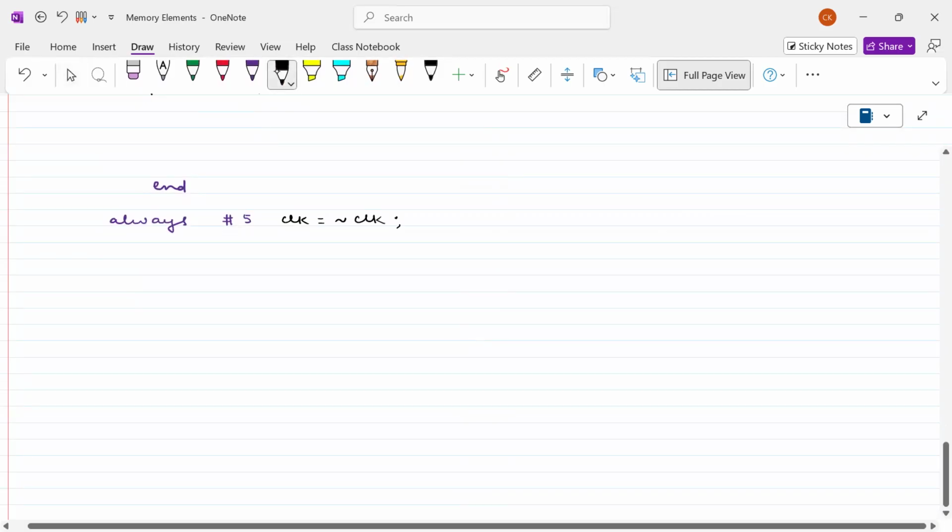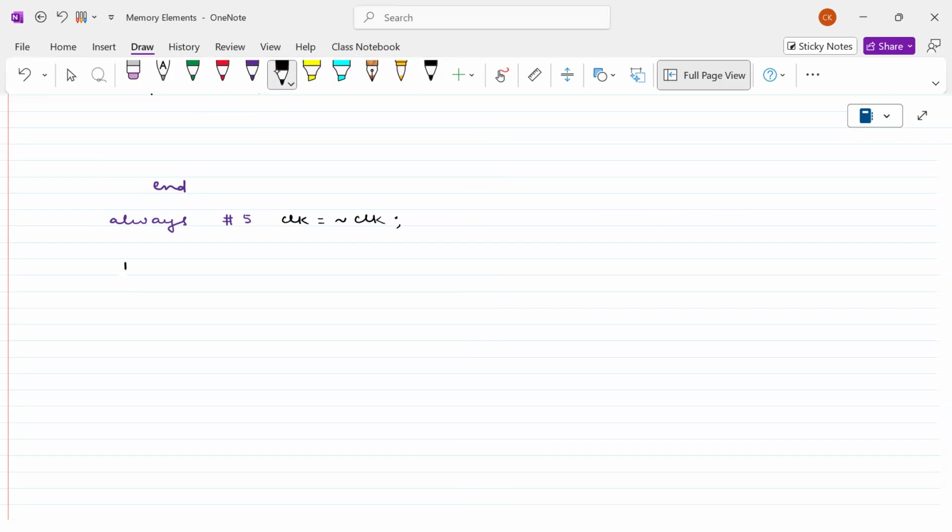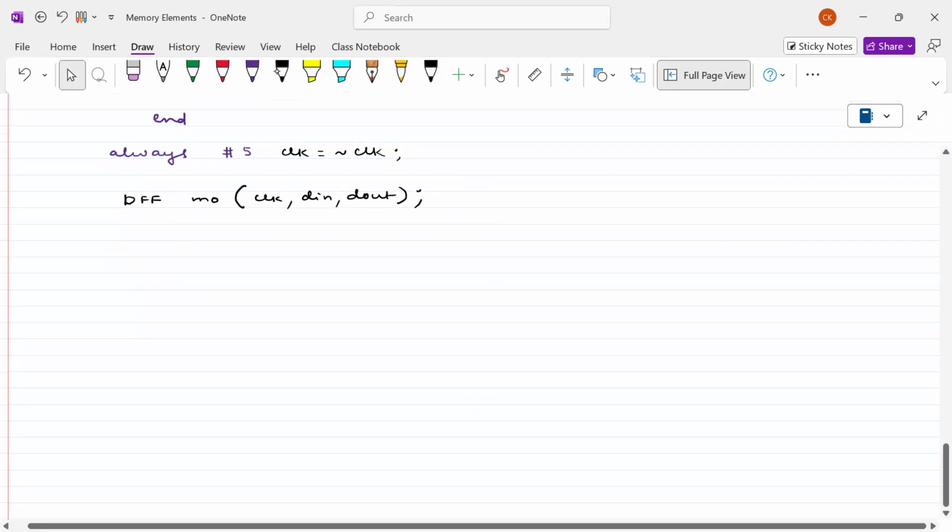A D latch, sorry, a D flip flop. It's a module M0. What do we have to write? Clock, D in, D out.